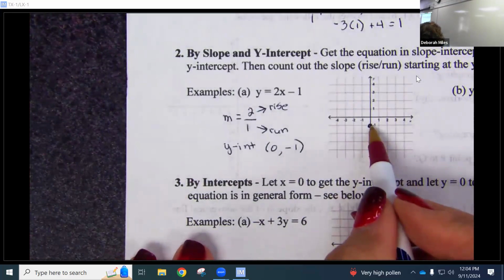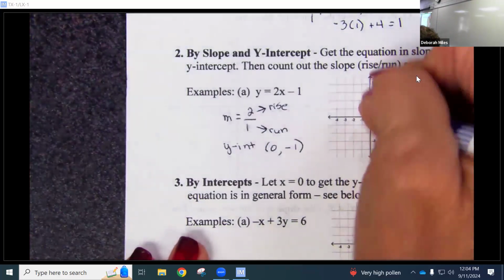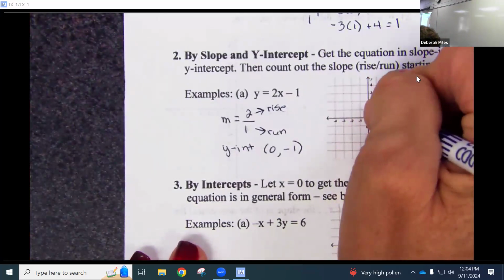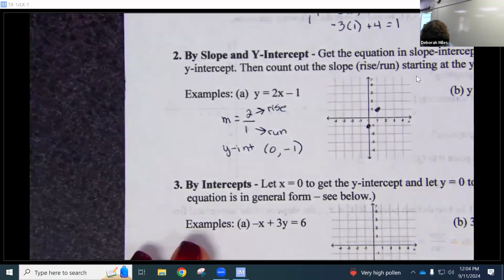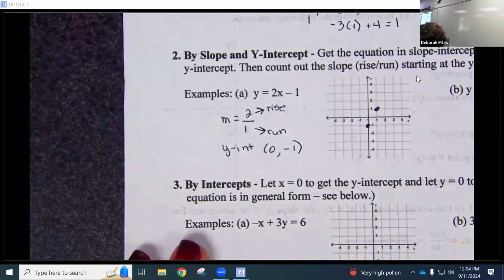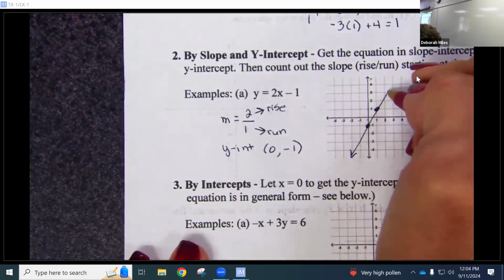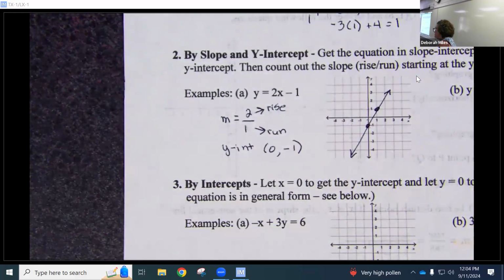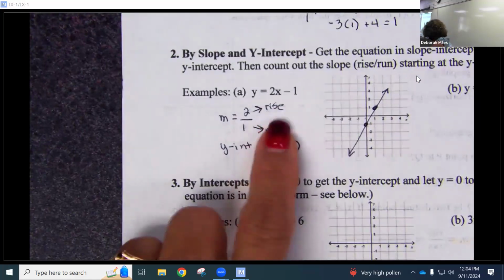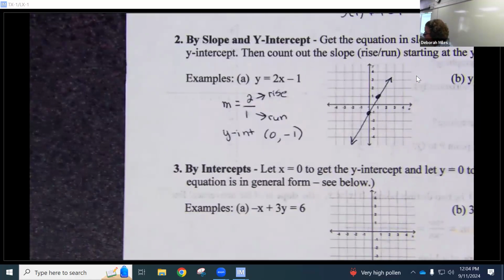I can start at 0, -1 and go up 2 to the right 1. And that'll give me a line that's going uphill left to right, which is something I know I ought to have with a line with positive slope.